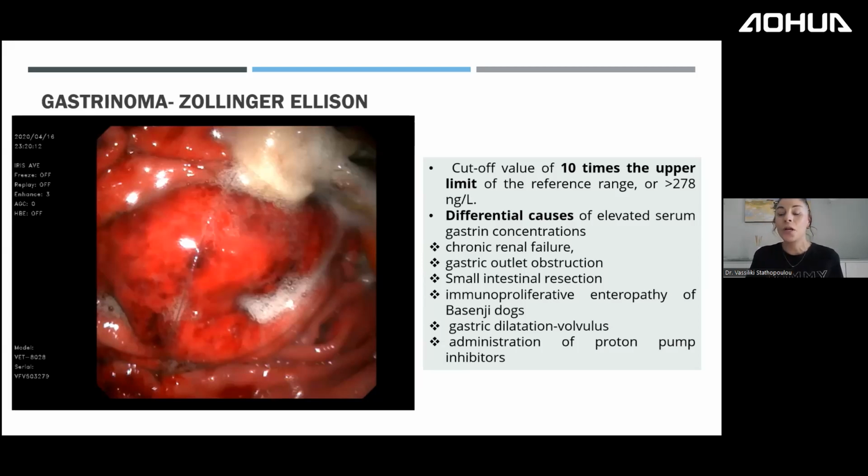This is why we have to cut off every proton pump inhibitor or antacid before we measure gastrin. But to be indicative of gastrinoma, it has to be 10-fold up. Every lab has different reference values, but for every lab, it has to be at least 10-fold up for us to start thinking that it could be gastrinoma.